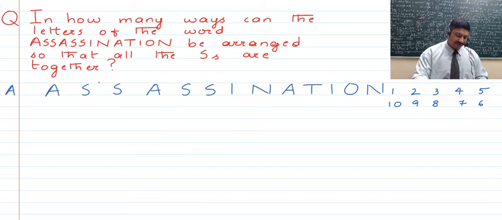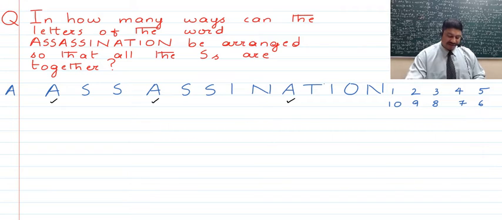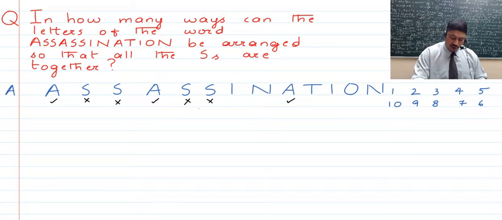Here, children, we find that the alphabet A has come thrice. The alphabet S has come four times. Next, the alphabet I has come twice, and I will mark the alphabet I with a hash.